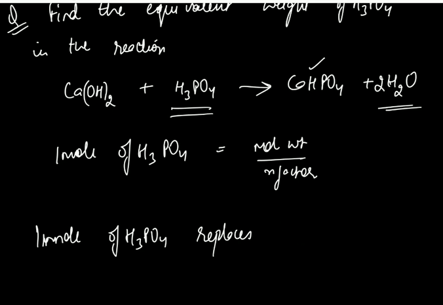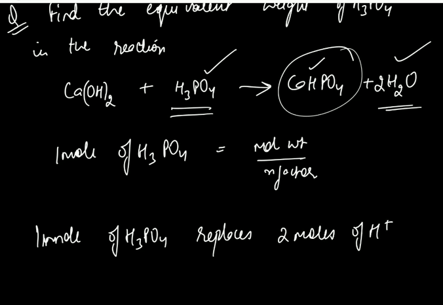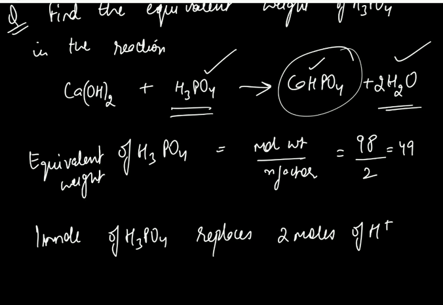From the equation we can see this is tribasic, so out of 3, only 2 are getting released and 1 is still left behind. So over here the molecular weight of phosphoric acid is 98, divided by n factor, which will be 2 in this case and not 3. So this will be 49. That is the equivalent weight of H3PO4, right?